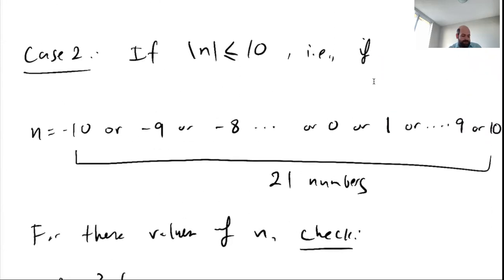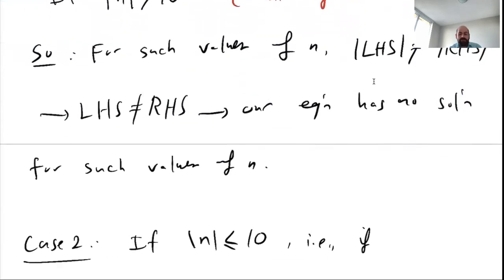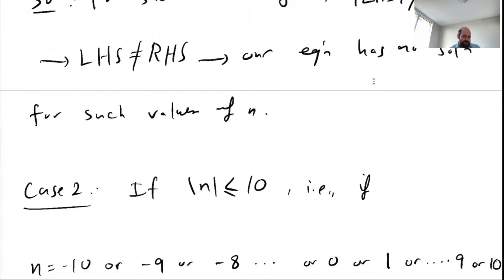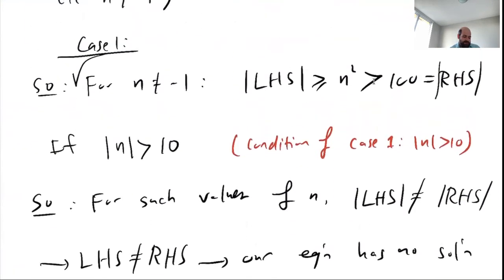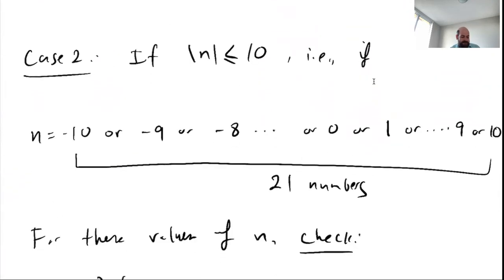So in total, it was more complicated compared to the previous example where we were assuming that n is a positive integer. This time we assume n is an integer. So case 1 was the absolute value of a number bigger than 10, case 2 less than or equal to 10. This one had 21 numbers, so it's a little bit longer as well.